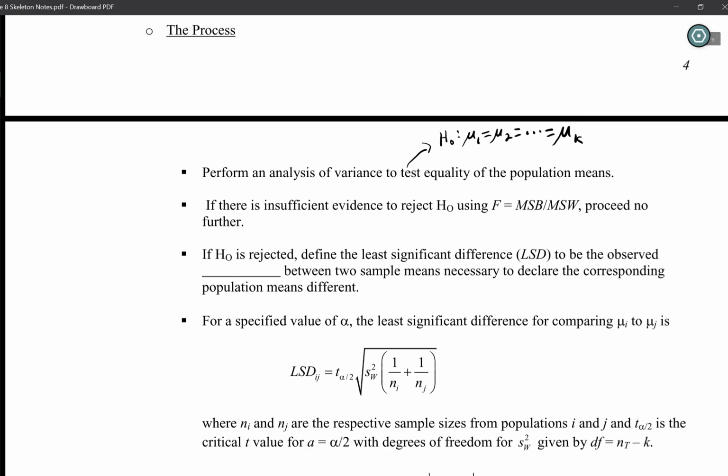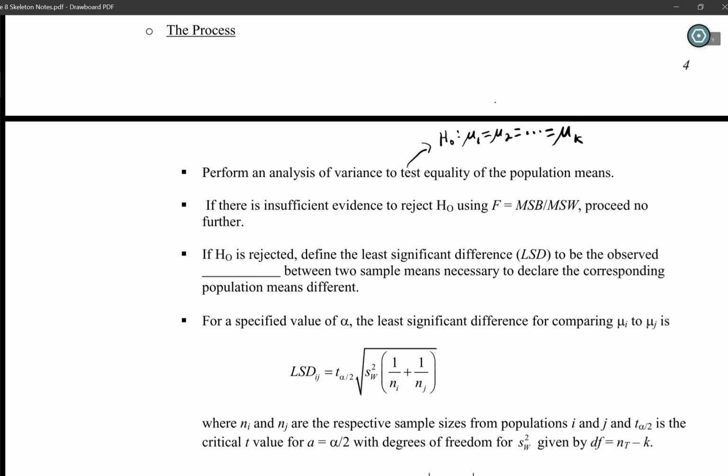And that kind of makes sense. If you don't have evidence to conclude that at least one of these is different than the others, then it's going to be hard to have an approach, or we need to be careful about finding an approach that identifies specific differences. And so the Fisher's LSD approach protects us against that.